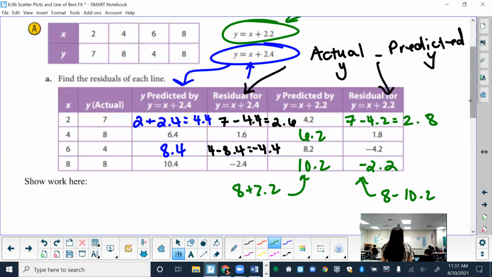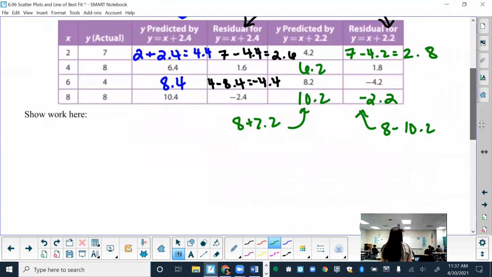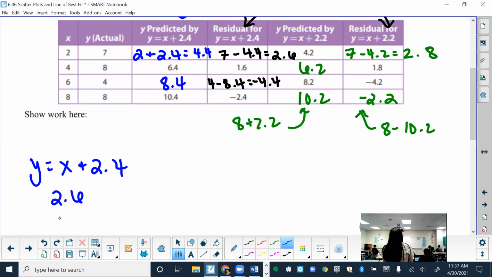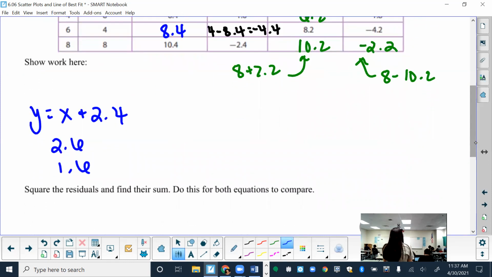All right, so good. Now that we have those values, we're going to figure out which of them has a better line of fit. So the two equations were y equals x plus 2.4. I'll list all of those residuals. So 2.6, 1.6, negative 4.4, and negative 2.4.